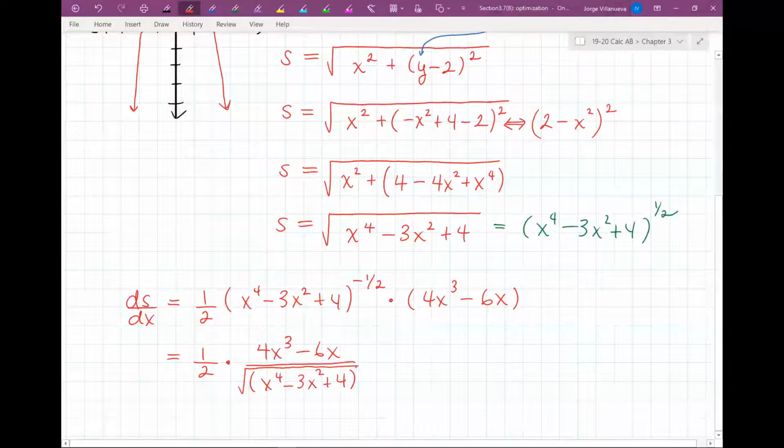Now, I'm going to set this stuff equal to 0 or undefined, right? 0 or undefined.